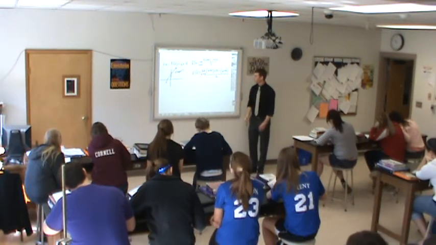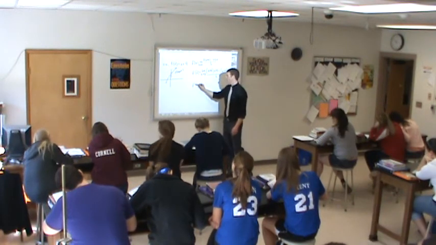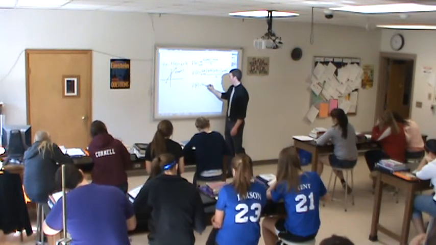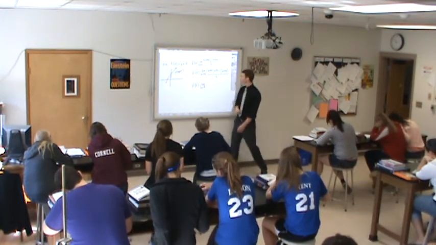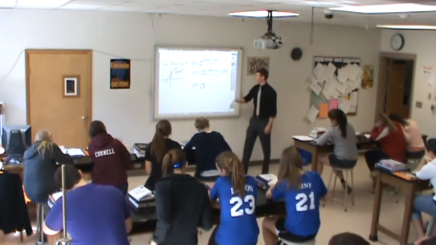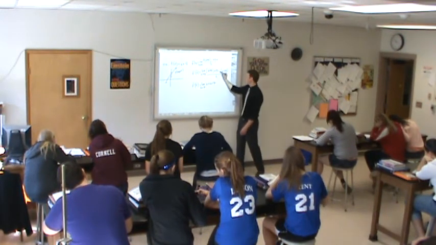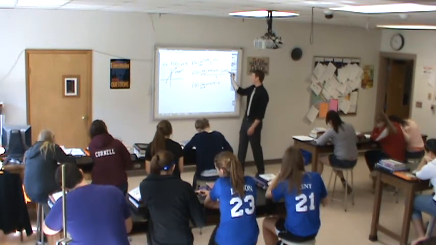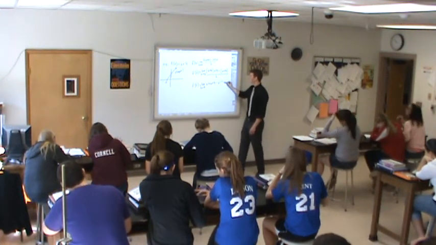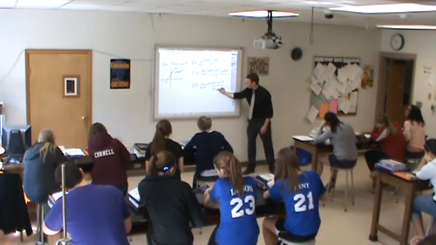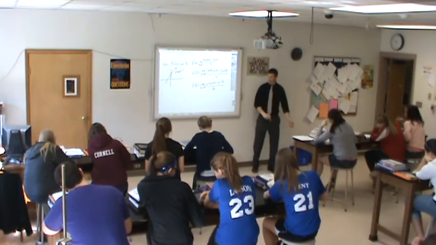Okay, now it's algebra. The limit as h goes to 0 of x plus h plus 4 minus x minus 4, all over h. Alright, what cancels out?